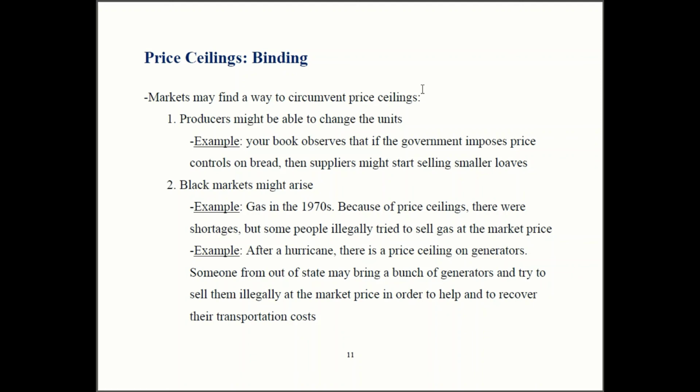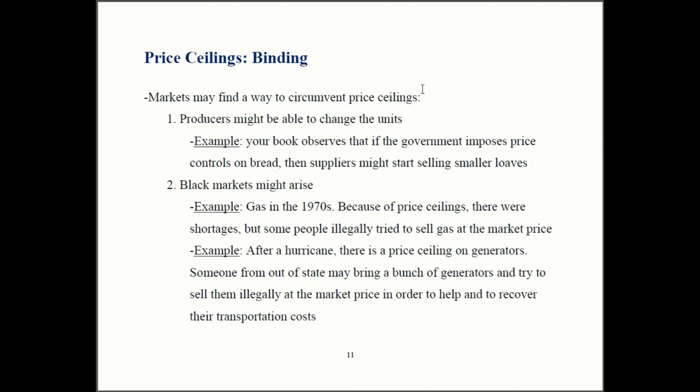That's because suppliers could get around it by just making smaller loaves. So if they're trying to sell a $3 loaf, but there's a price ceiling at $2, they just gotta cut those loaves in half and sell each half for $1.50 each. Problem solved. So if you can change the units, then a price ceiling might not do any damage.